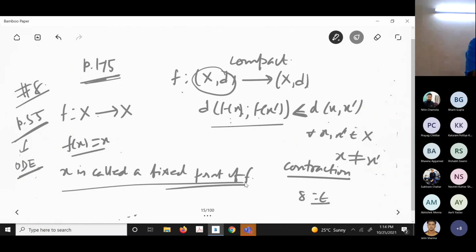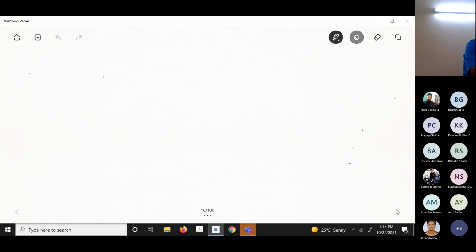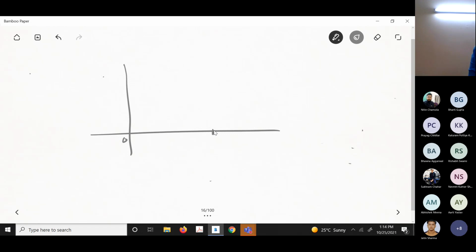Now look, I am just giving a nice example of a fixed point, but that is not related to compactness. That is related to connectedness, which I will teach later. But I think in BS you did what can happen. Suppose you are doing from 0 to 1, and here also 0 to 1, so that you are having a square.